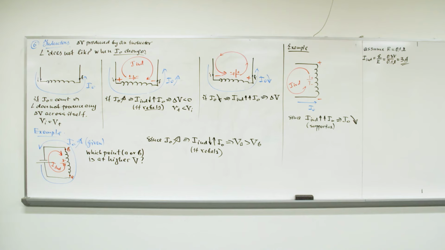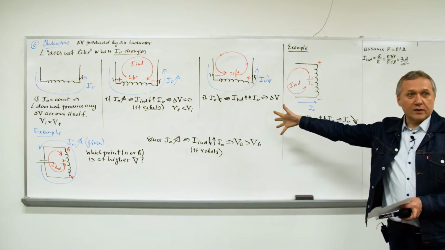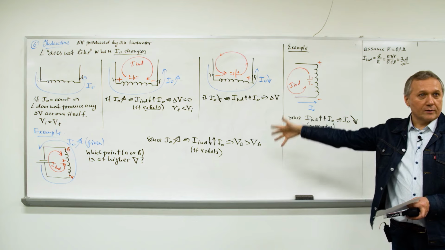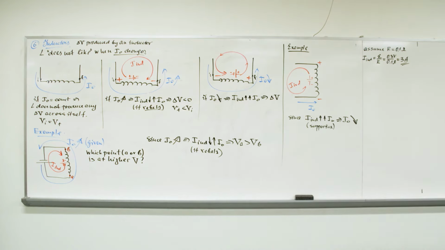Just calculate, and you will get the potential difference across the inductor. So I will skip this example. It's just plugging numbers. Again, the problems are in the conceptual explanations. That's where troubles are. Basically, it was like 50-50. Sometimes you can guess, sometimes not right.